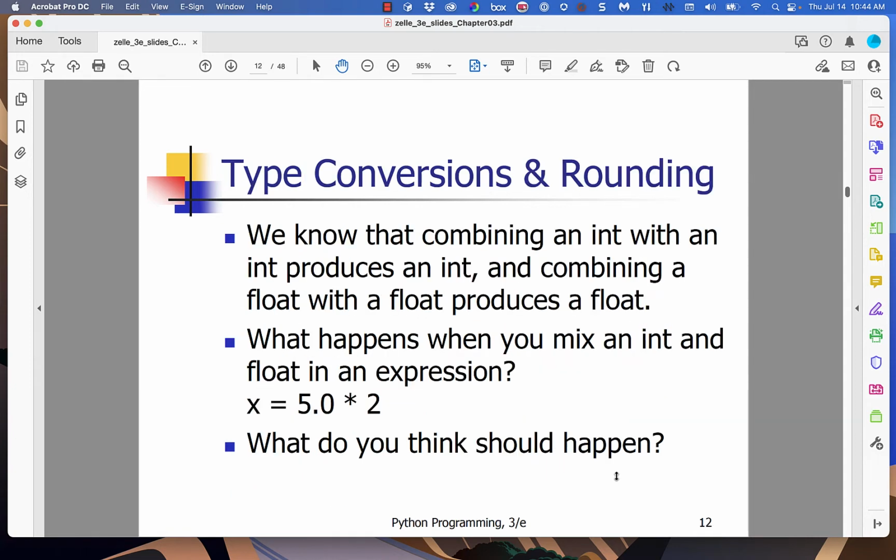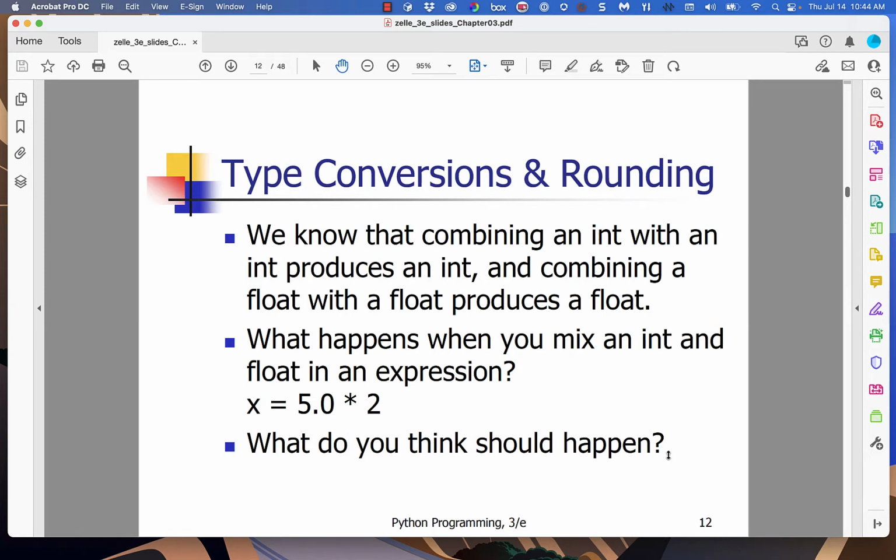Type conversion and rounding. So we know that combining an int with an int produces an int, and combining a float with a float produces a float. What happens when you mix an int and a float in an expression? So what happens if you have a multiplication between a float 5 and an integer 2? Well, I always hate these.